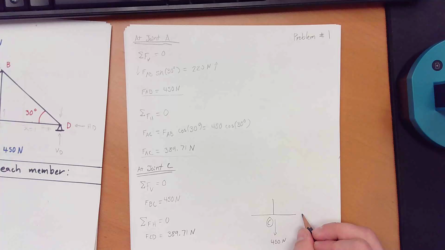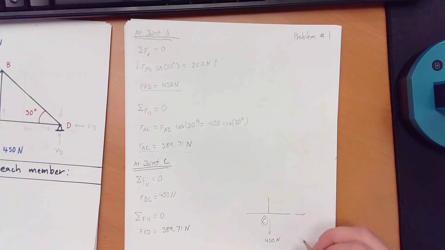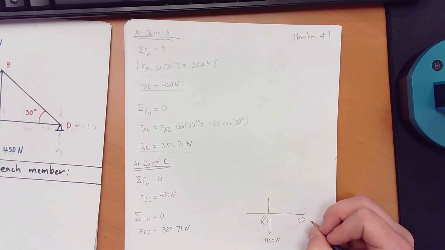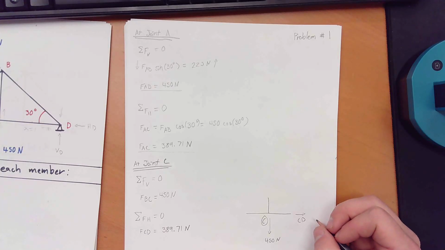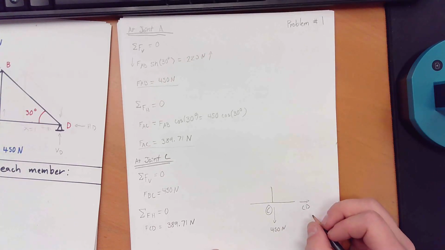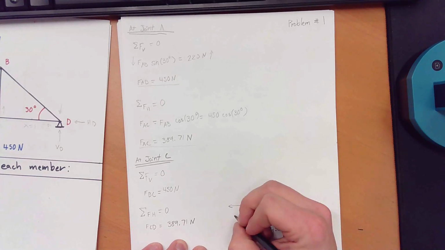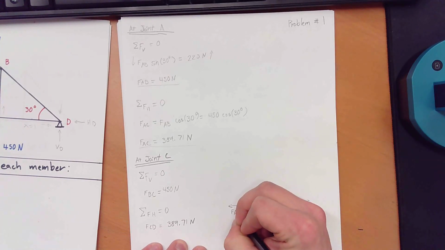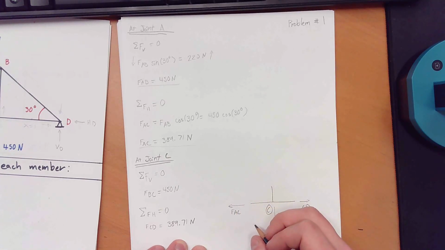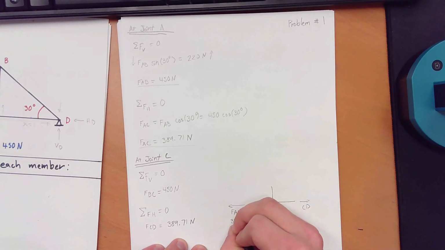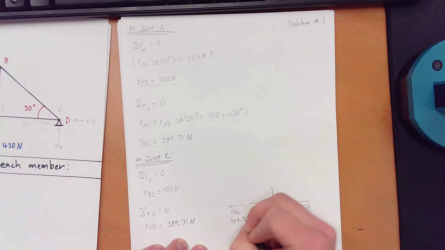We have in this direction, we have CD. And then in this direction, we have FAC, which we know FAC to be 389.71 newtons.